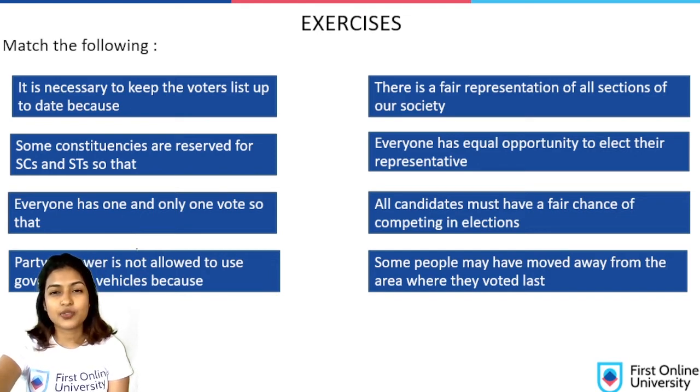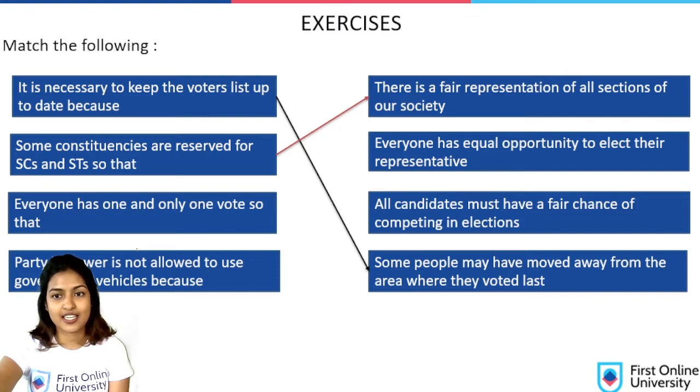It is necessary to keep the voters list up to date because some people may have moved away from the area where they voted last. Some constituencies are reserved for SCs and STs so that there is a fair representation of all sections of our society.